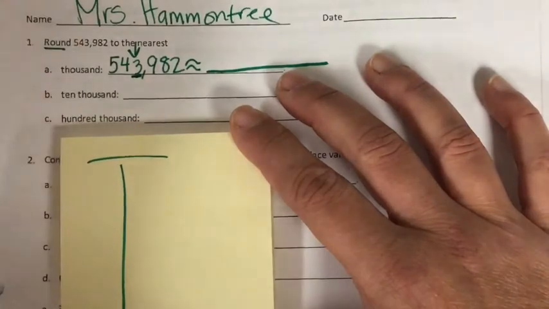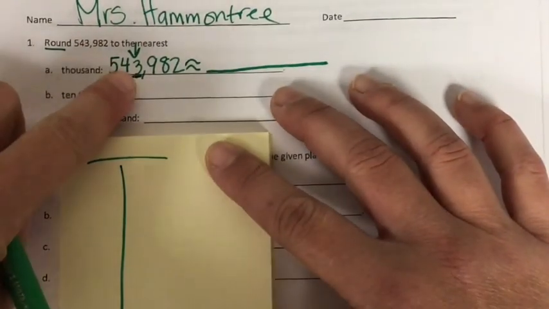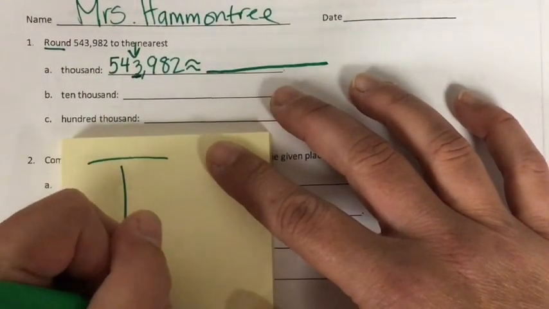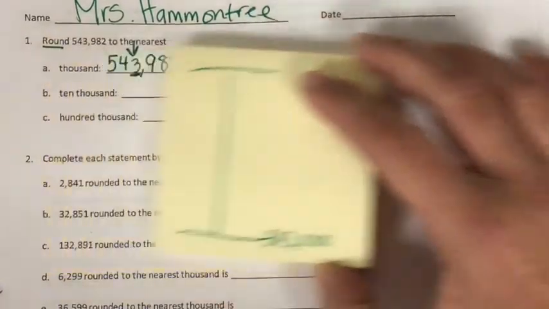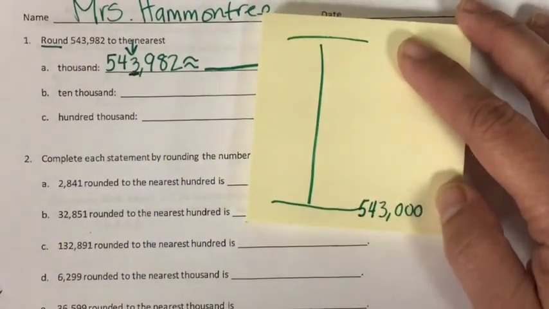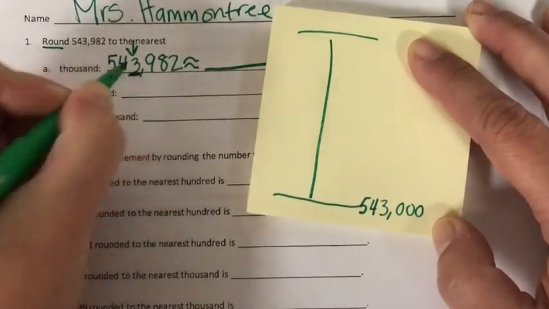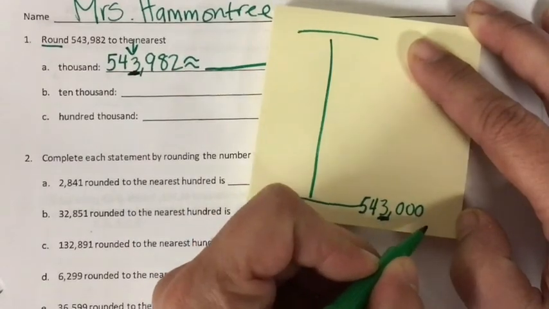But remember, if you remember what we talked about in class, I can't just ignore the 4 and the 5. I cannot ignore those two digits. So I have to go ahead and plug them back in. Okay, so I know because this is my thousands place, I'm going to put my 3 here, zeros here.